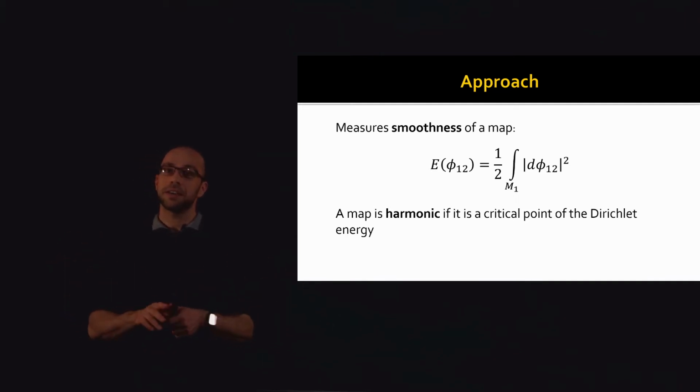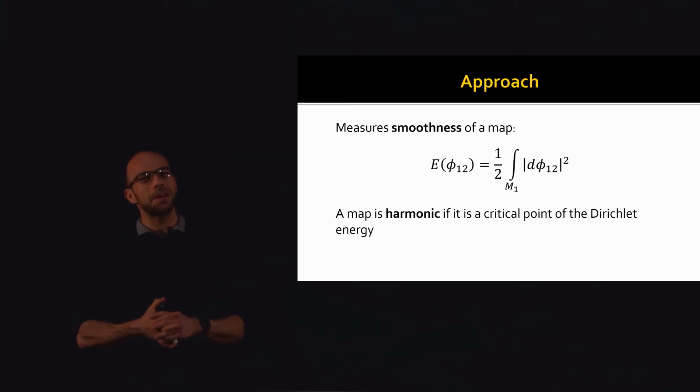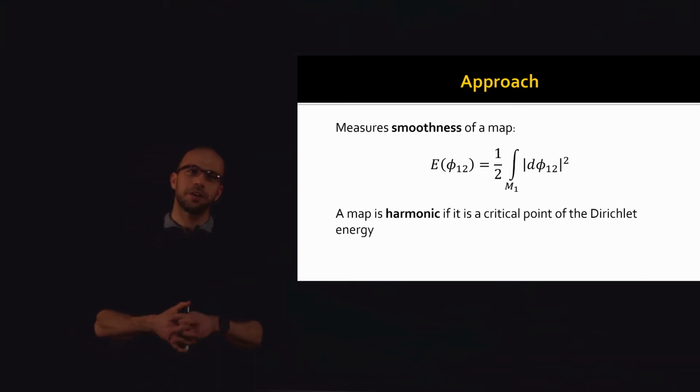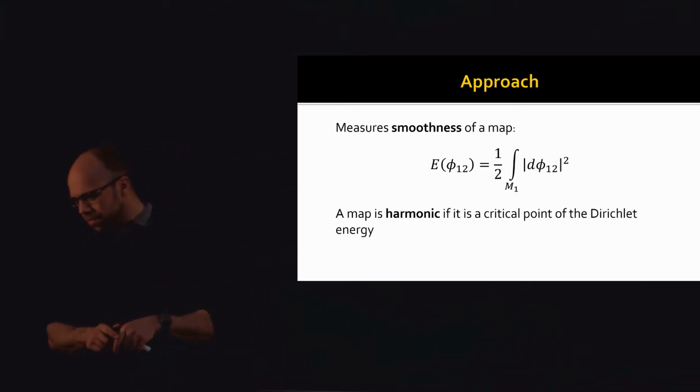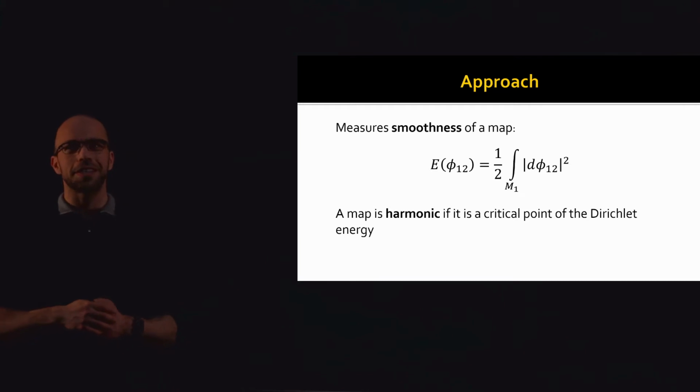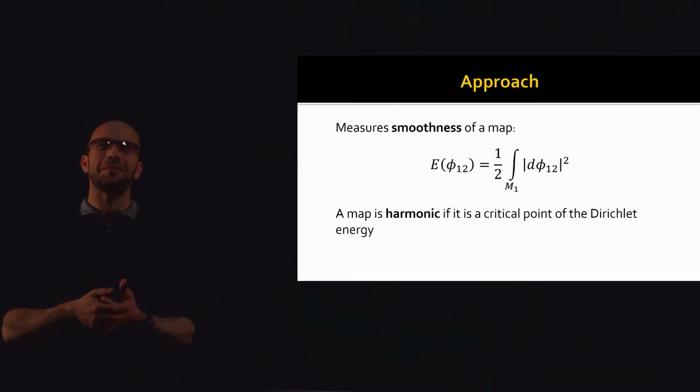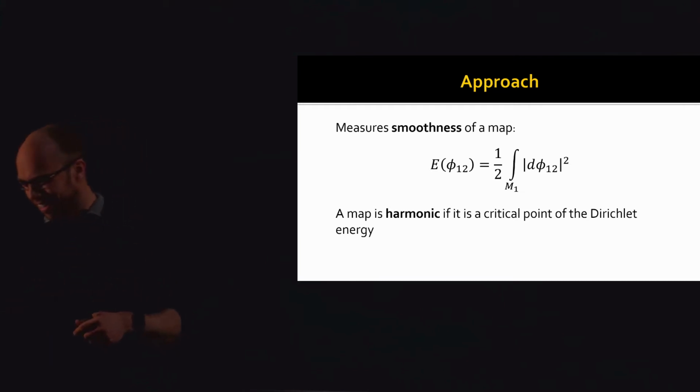But we're going to see that some problems arise when we do that. In fact, optimizing this energy over the space of maps, even in just some fixed homotopy class, turns out to be a bit of a not well-defined problem when the target of the map, M2, has positive curvature. This is a subtle point, although probably for the physicists that watch this, they actually knew this as common knowledge. This was news to me.